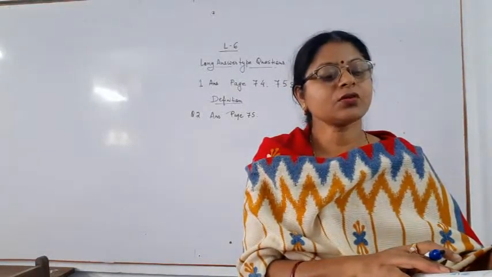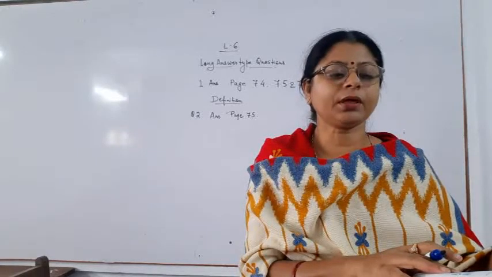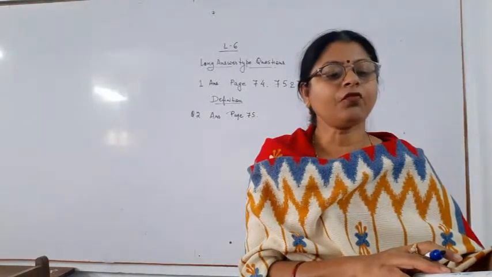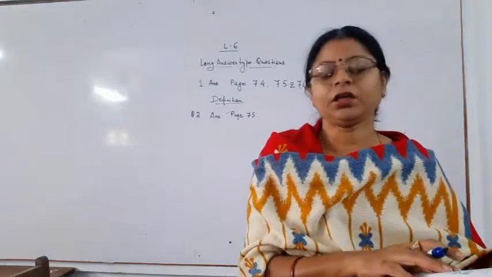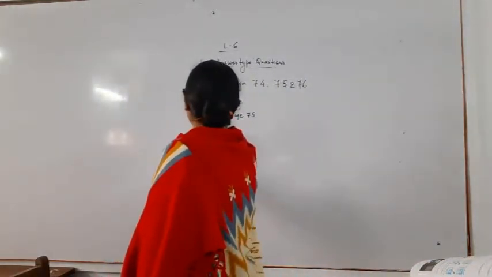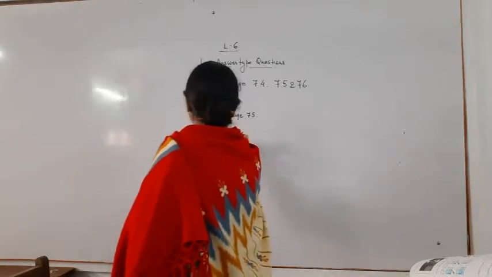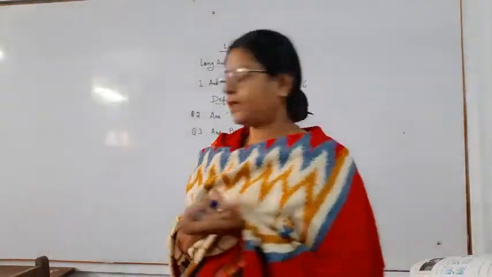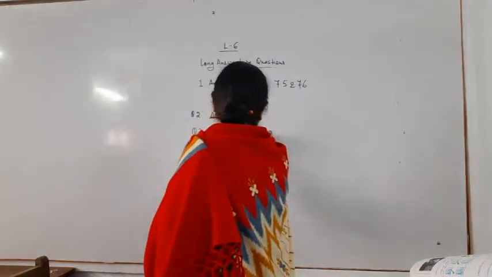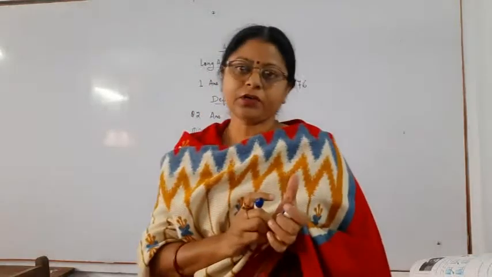Next is question number 3: explain exothermic and endothermic reaction with the help of an activity for each. For this answer you have to refer to page numbers 79 and 80. Two activities are given.